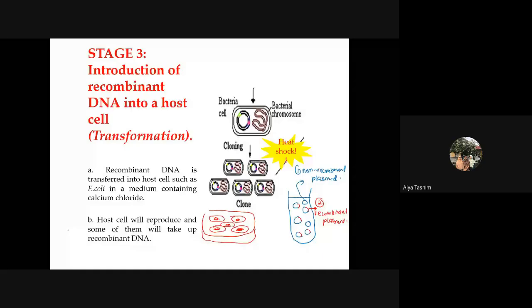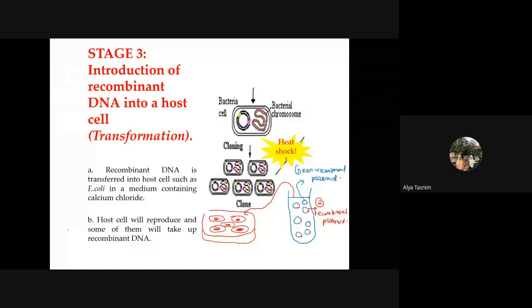Yang bergabung dengan foreign DNA, kita panggil dia sebagai produk yang kedua, is recombinant plasmid. Sekarang dia pindahkan dan campurkan dengan bacterial cell ni.